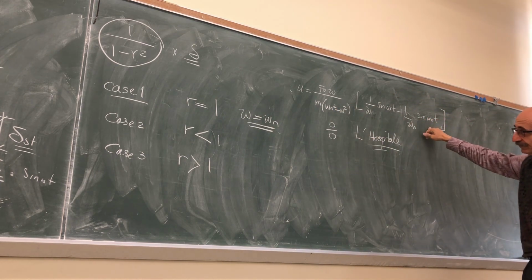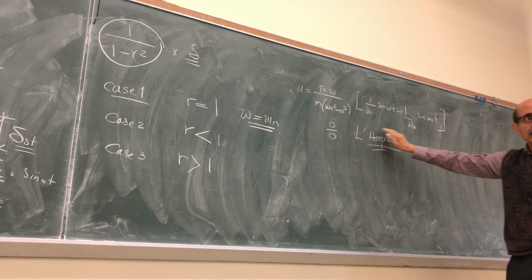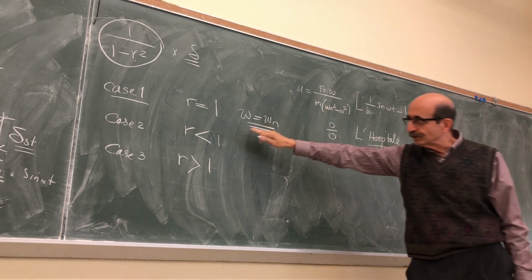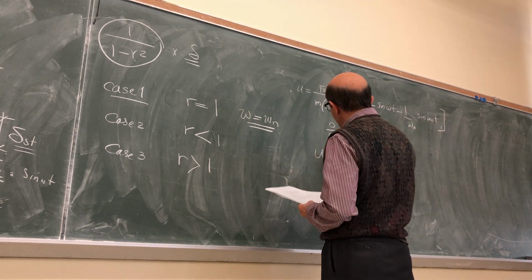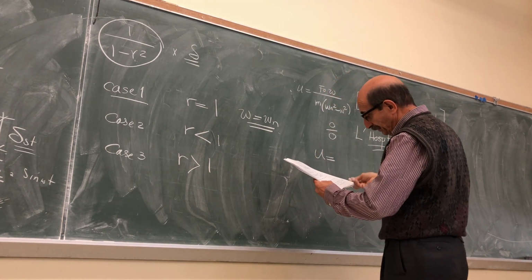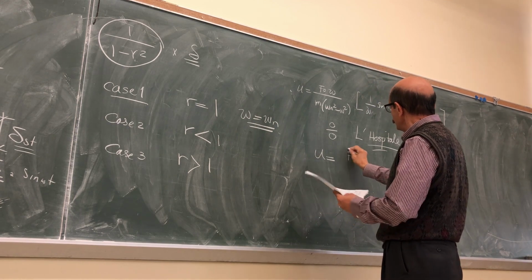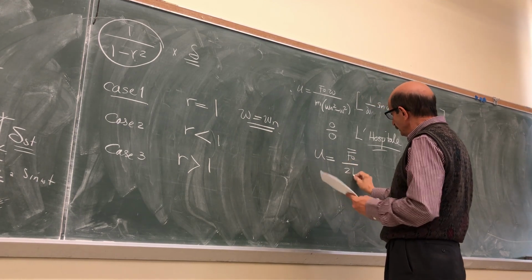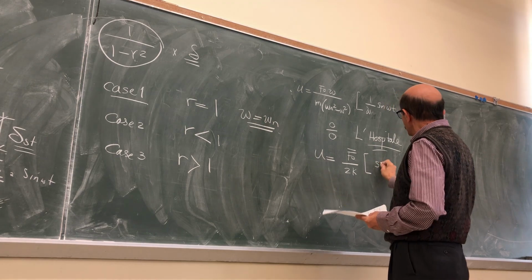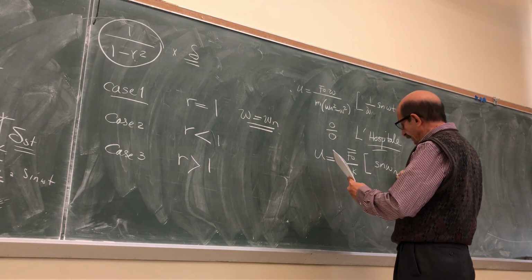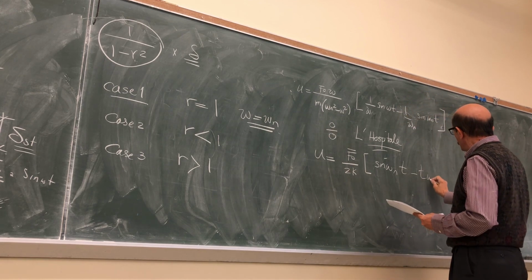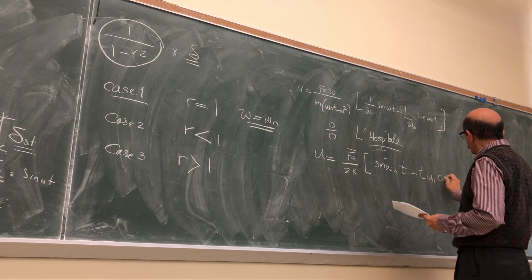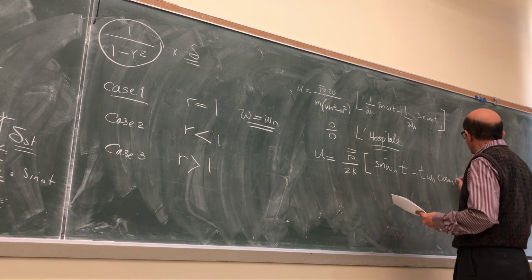If you take the derivative of the numerator, the derivative of the denominator, and then substitute this value, you will see that U will be of this form: F0 over 2K times (sine omega N T minus T omega N cosine omega N T).